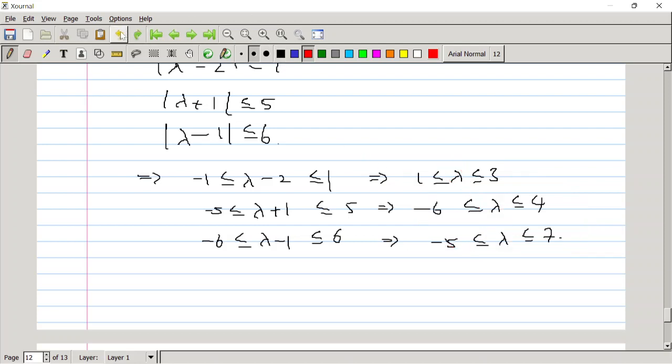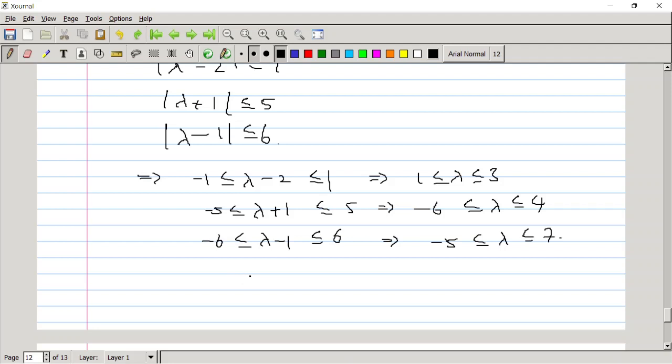So we can say totally that... Sir, where? No, because here lambda is less than or equal to 7. From this lambda is less than or equal to 3, but it has to be greater than 1. Then is lambda equal to 2? I'm just asking. It can be equal to 2.